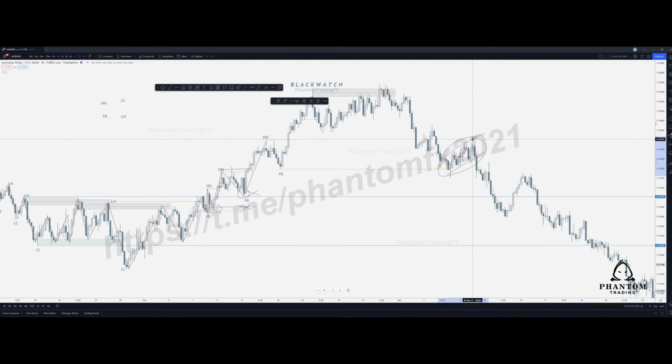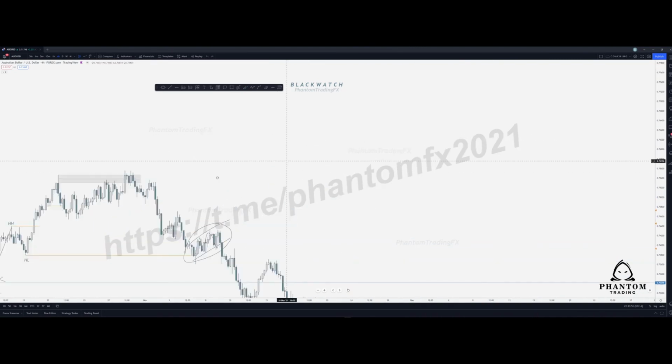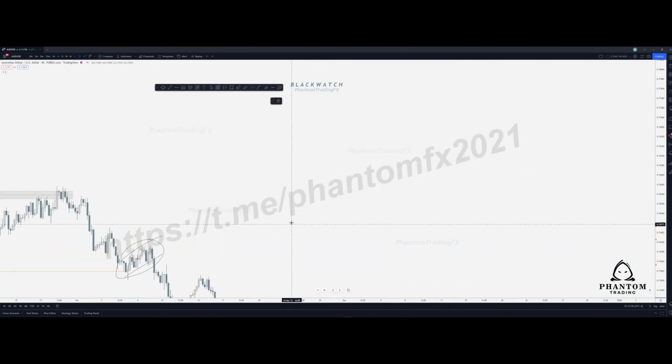If you see something like this and you want to say, well, I might want to consider that, what you need to do is go to a lower time frame and map it out there. Because more often than not, we have something like this on the higher time frame, and then on the lower time frames, we have something like this, right? Where we get that expectational order flow shift, and then price does this.